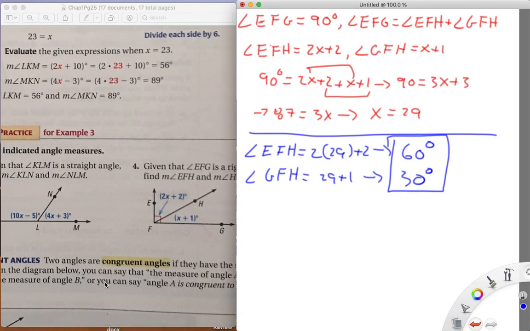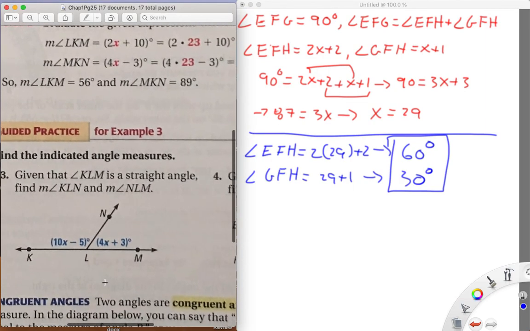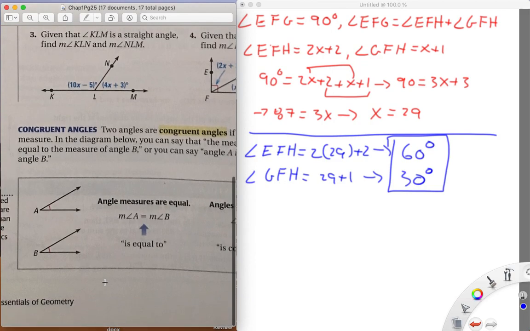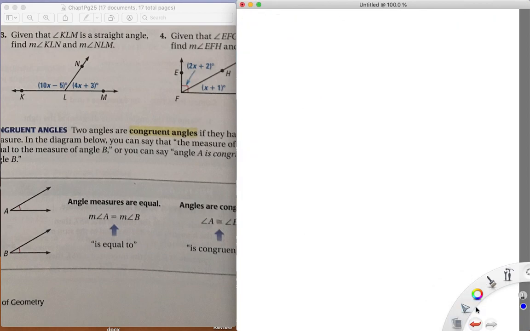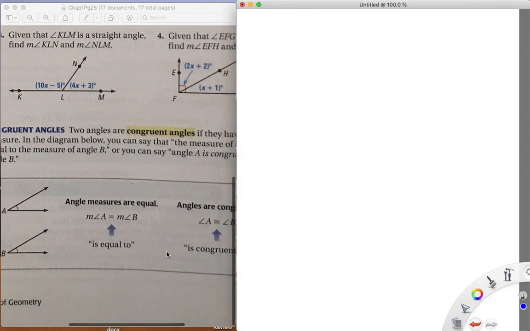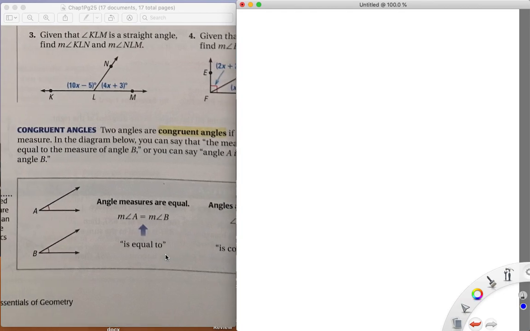Congruent angles. Two angles are congruent when they have basically the same measurement. Notice that I know they're congruent because here's angle A. And now, no, this isn't to scale, y'all.